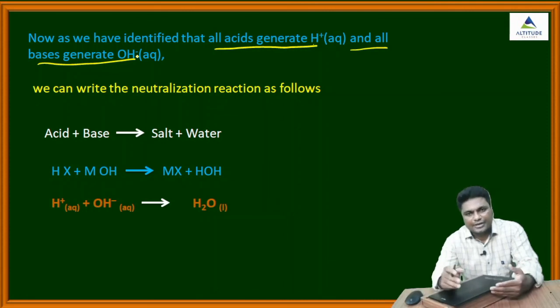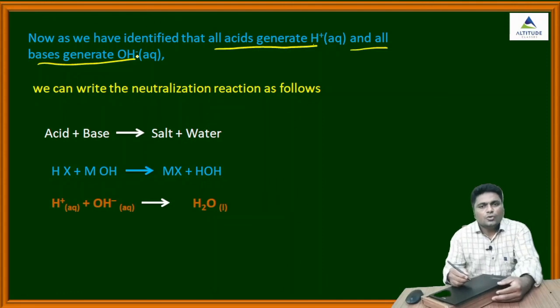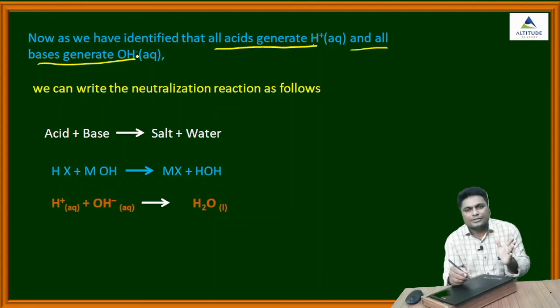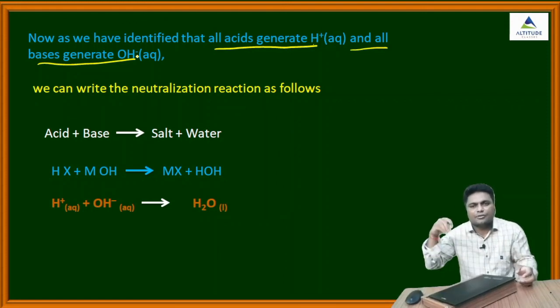When we add base to water, it gives OH minus ion. So we can write the neutralization reaction in a different way, because base in the aqueous medium gives OH minus ion and acid in the aqueous medium gives H plus ion.